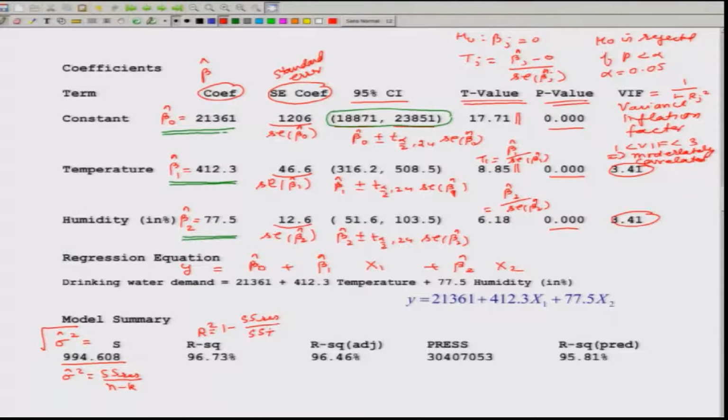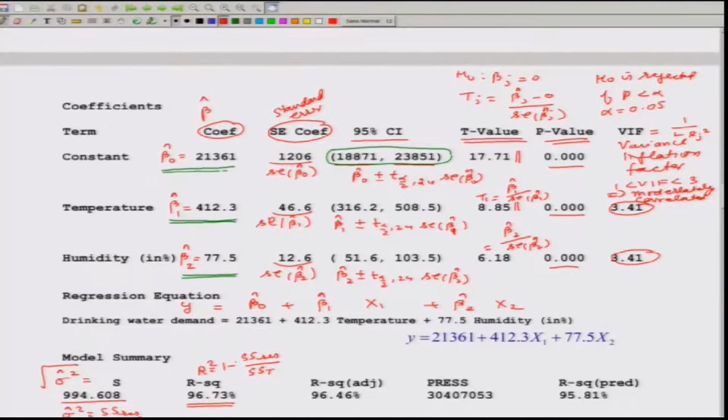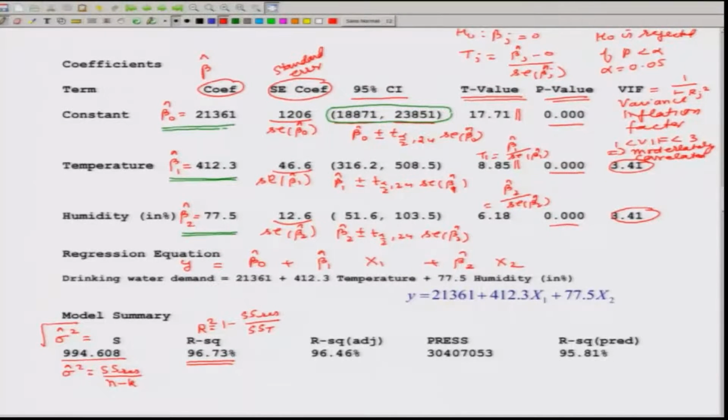So one can see here that this is 96.73, so one can be happier that the model which we have fitted is reasonably good, and essentially the variables x1 and x2 are capable of explaining at least 96.73% variation in the values of y.